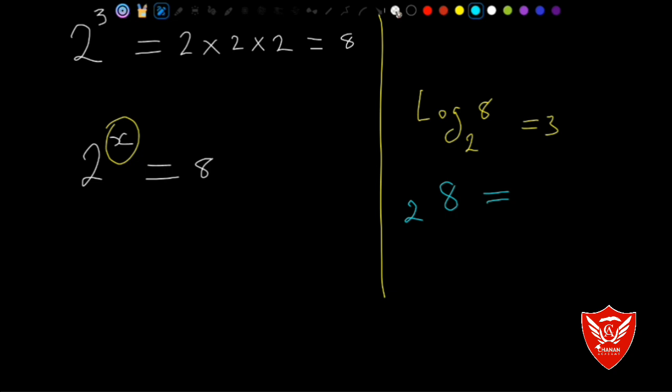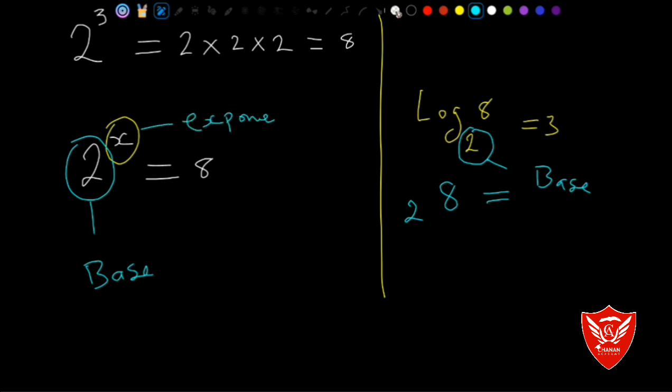Now, if you remember in indices, we said 2 is the base. Also, for logarithm, this 2 is also the base. And then we said that this x is called the exponent, or we can say power. For logarithm, this is also the exponent. And then this is the value.